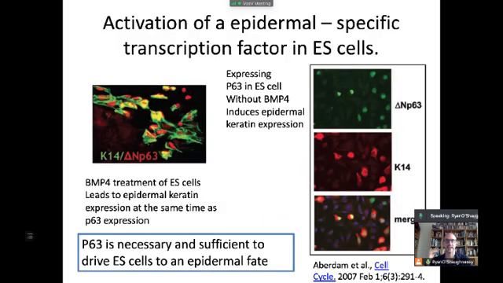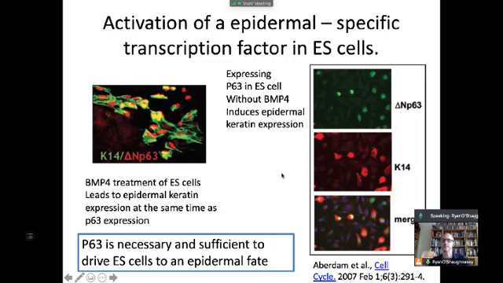So if we express P63 in ES cells without BMP4, this induces epidermal keratin expression. And if we treat ES cells with BMP4, we can get cells in our colonies that express keratin 14. We can see that here when we just express P63, we get an increase in keratin 14 as well.